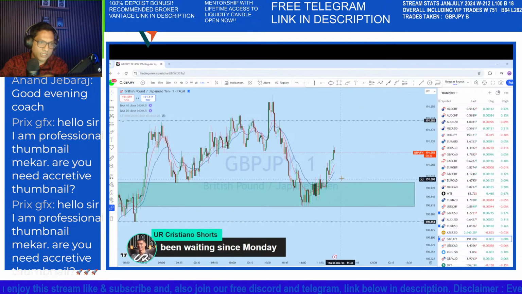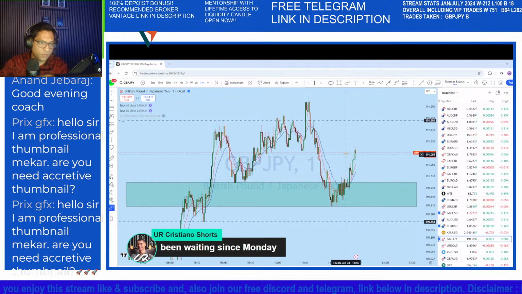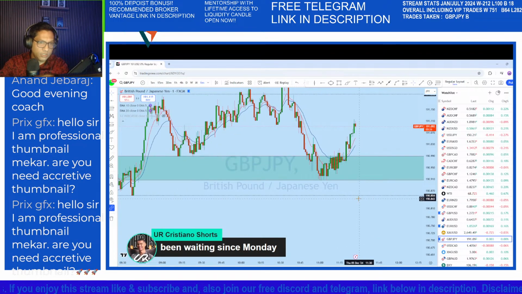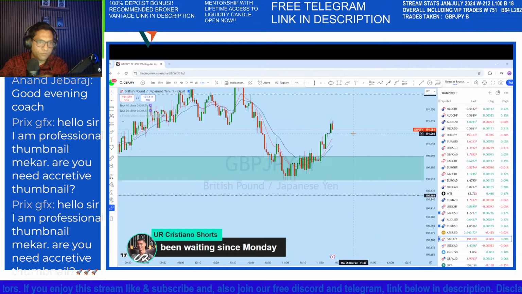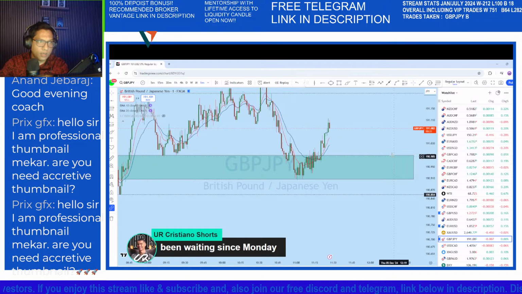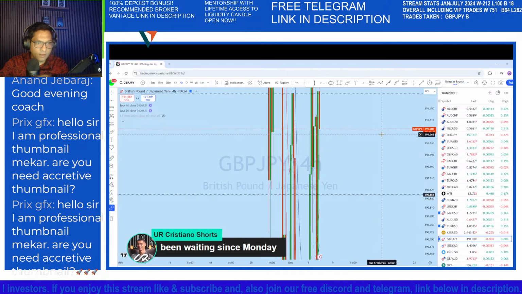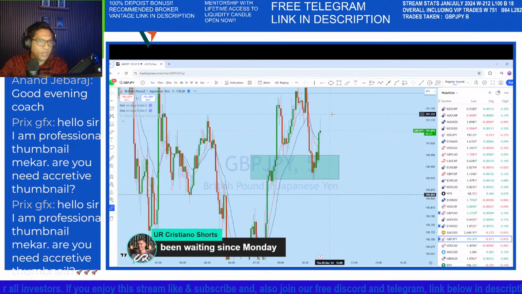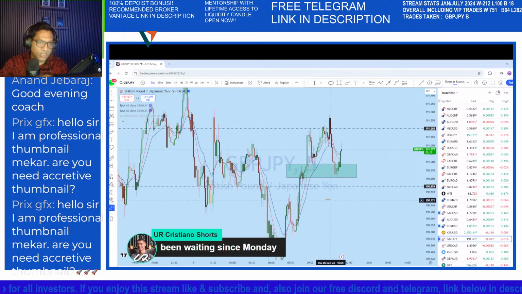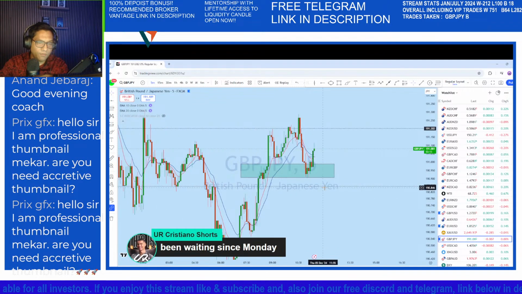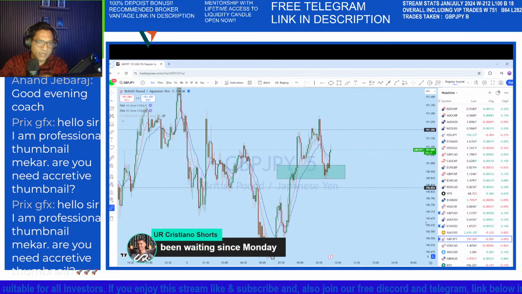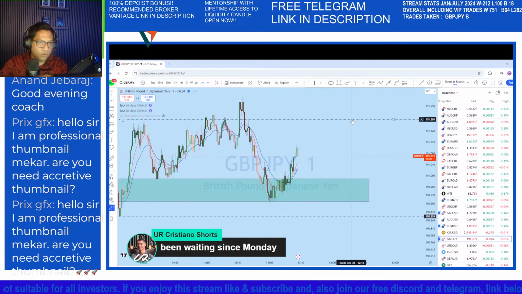Okay, so what we can expect on this market on GJ for the price to, this is an important support here as well. Okay, so for me, I will be very interested on GJ if the market tests this level and then gives us that potential entry opportunity.